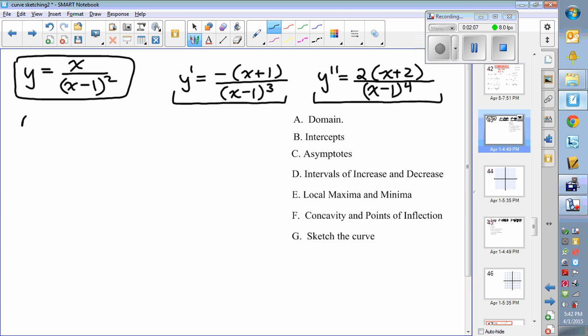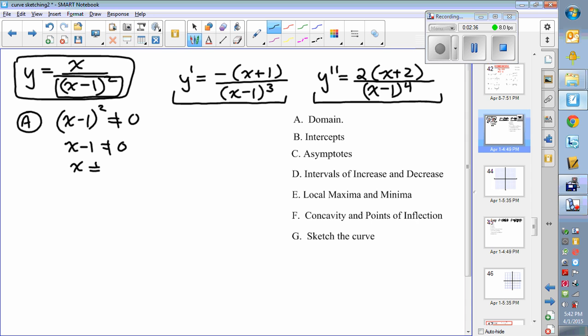The domain of this function, you look for anything that makes a square root negative or anything that makes the denominator of a fraction equal to 0. So there's no square roots, there's no radicals to be dealt with. But I definitely see a denominator here, so we need to take that denominator, x minus 1 squared, and notice that that cannot equal 0. So if we square root both sides, that means x minus 1 cannot equal 0.